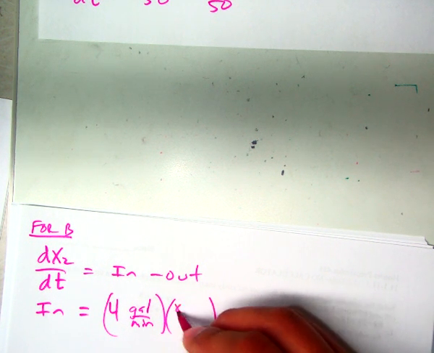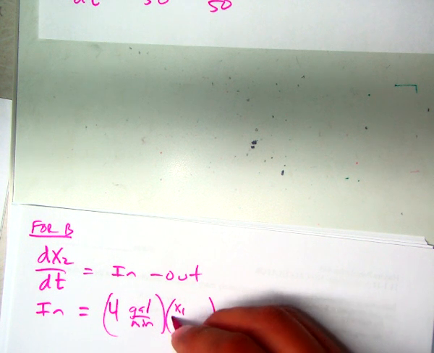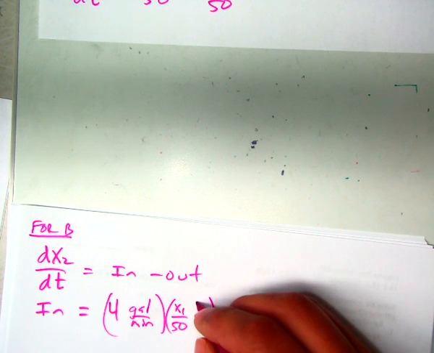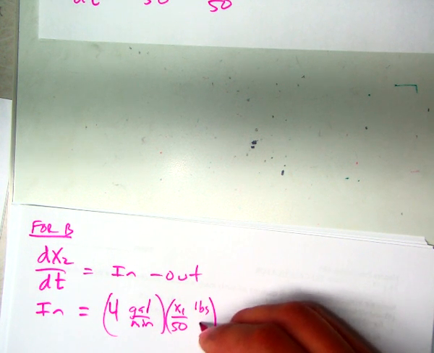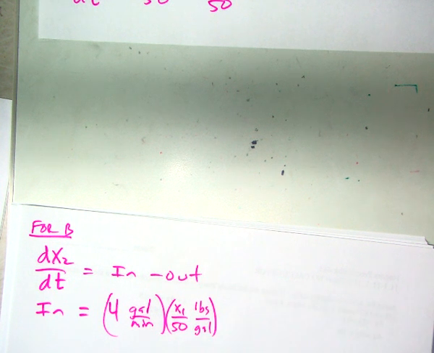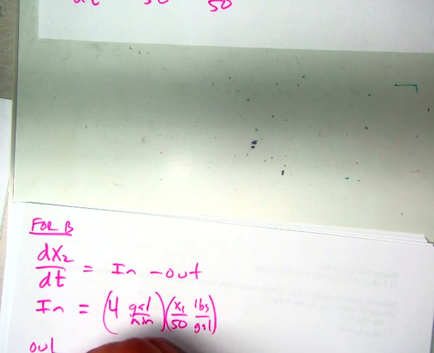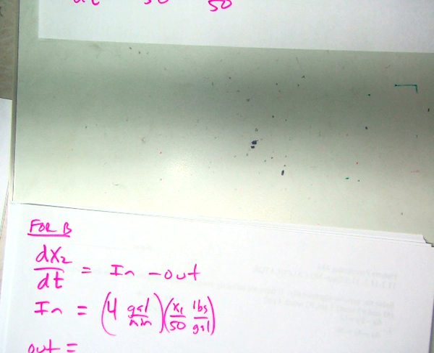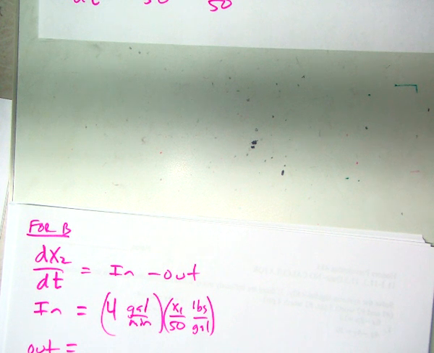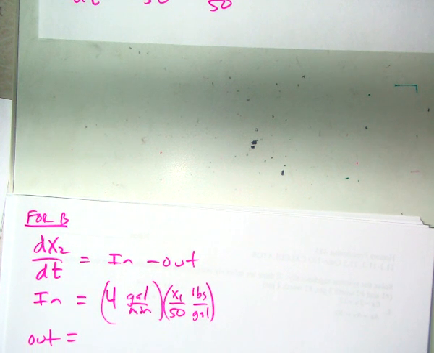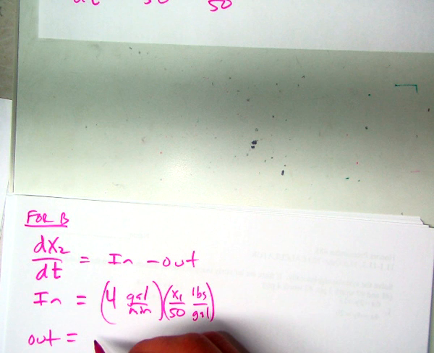From A, it would be x1 pounds of salt per 50 gallons. And that's it. Out, we have 2. We have a mix going elsewhere. We don't know where that's going. And then the mix going back into A.